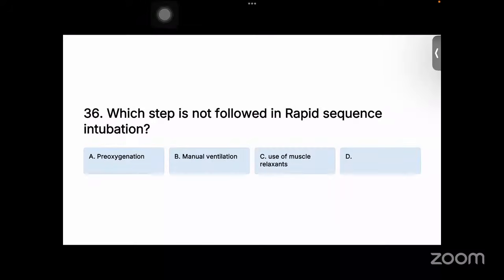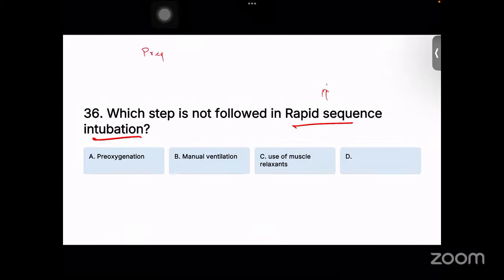Again, we got an emergency medicine question, people. Emergency airway management, you will initiate RSI. RSI is the immediate securing of the airway while minimizing the aspiration risk. So the first step is preparation.